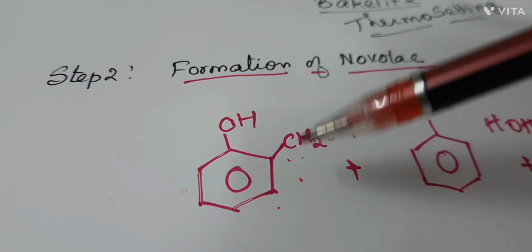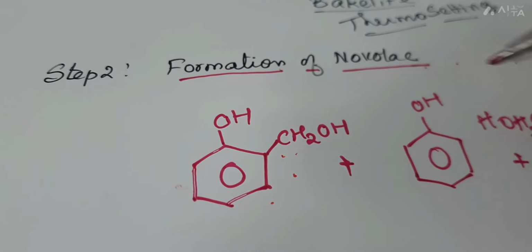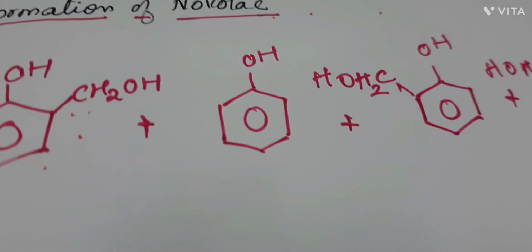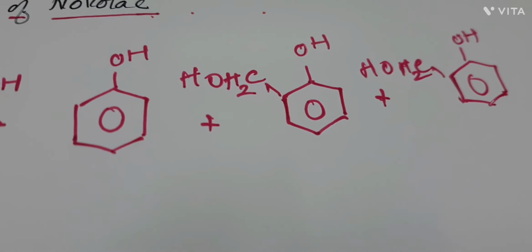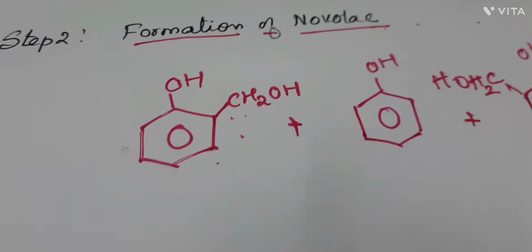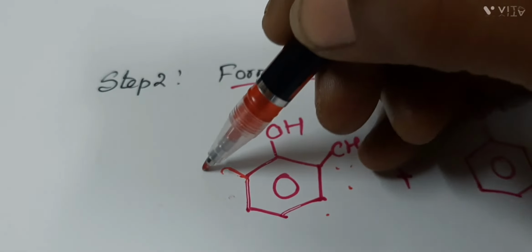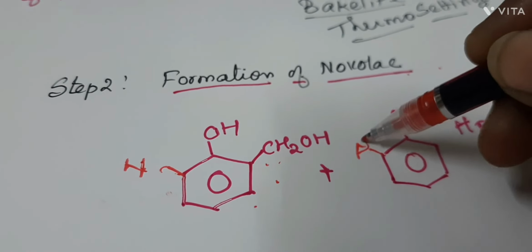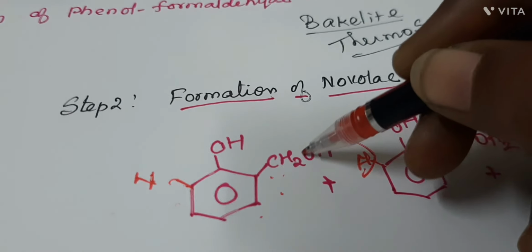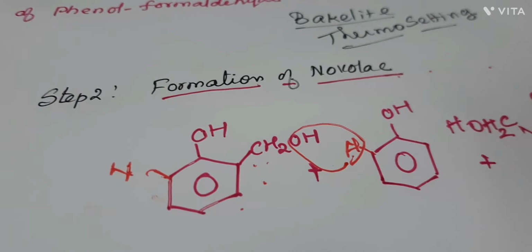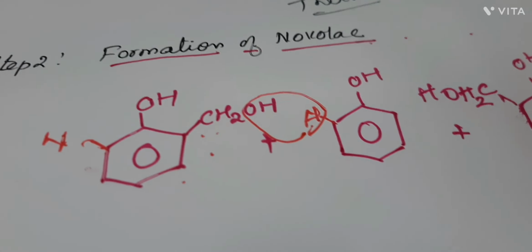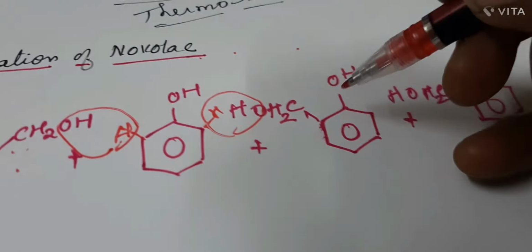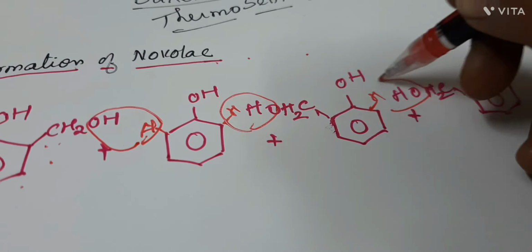There will be hydrogen in the phenol, and so that hydrogen combines with the OH that is present in the CH2OH group and is removed as water. So there will be hydrogen over here and then hydrogen over here. This hydrogen and OH is removed as water. Then again this side also there will be hydrogen, and that is also removed as water. Here also we can show the removal of the water.